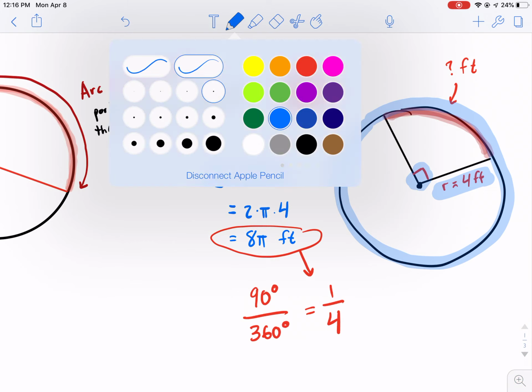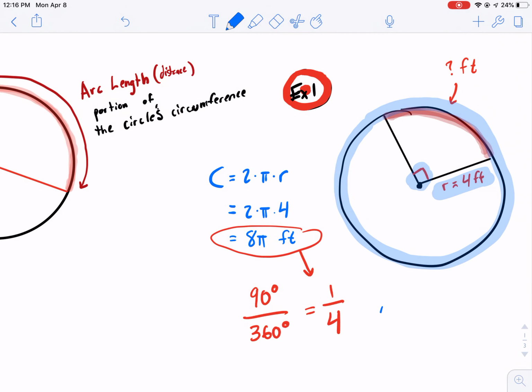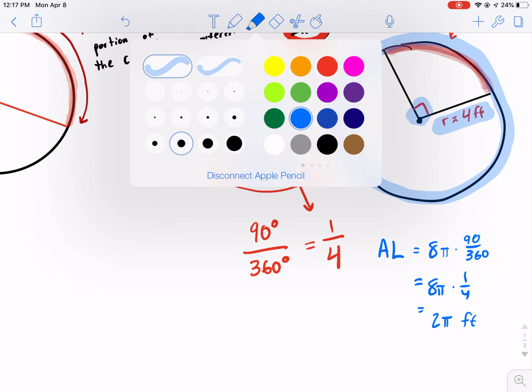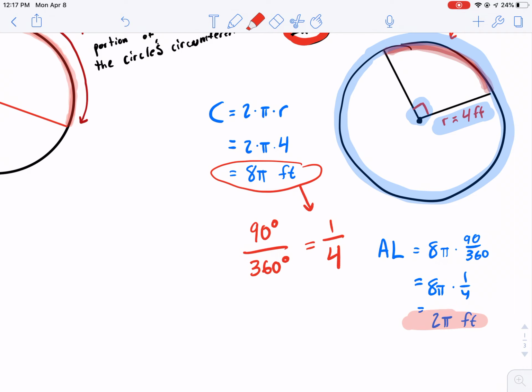Our arc length, AL, is equal to 8 pi times 90 over 360, or 1 over 4. So 8 pi times 1 over 4, we get 2 pi feet, and that is the distance. This is our answer to that arc length.